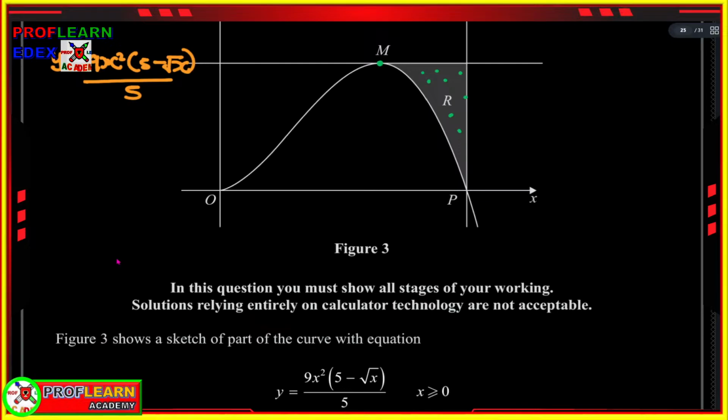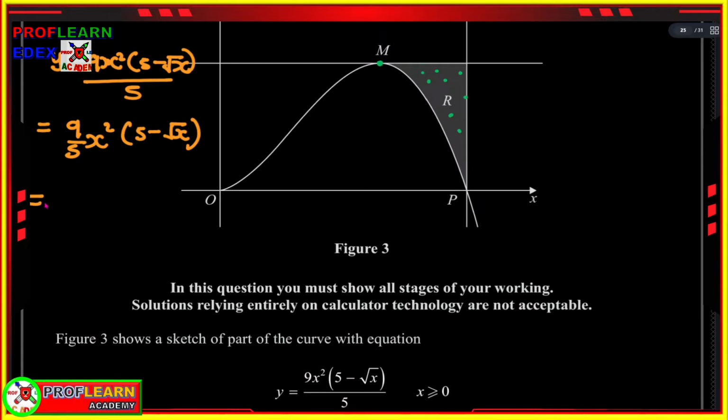How do you go about that? Of course, you are going to simplify, and if we simplify this, we are going to get 9 over 5 x squared into 5 minus root x.